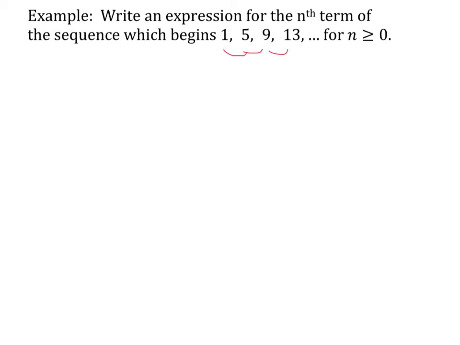So a sub n will have something to do with 4n. Now we just have to figure out what happens. If it was just 4n, the first term would have been 0, the next 4, then 8, then 12.